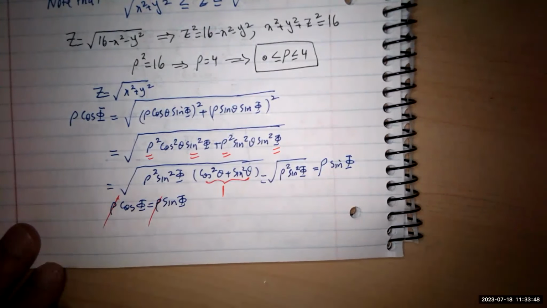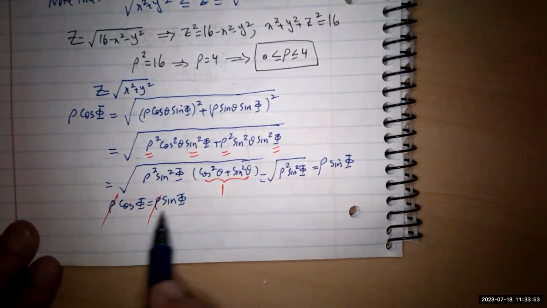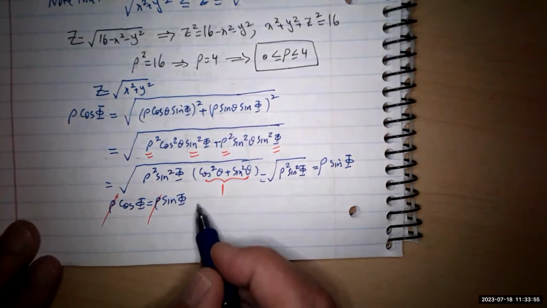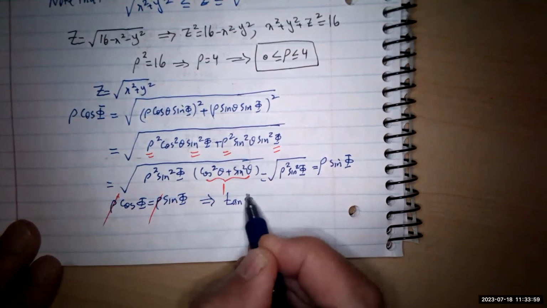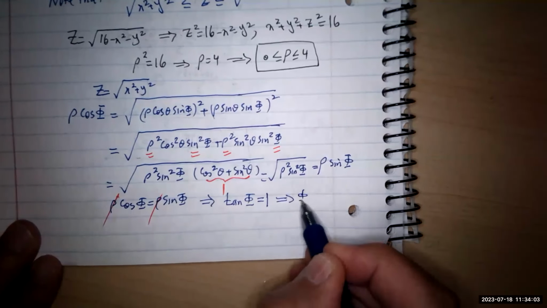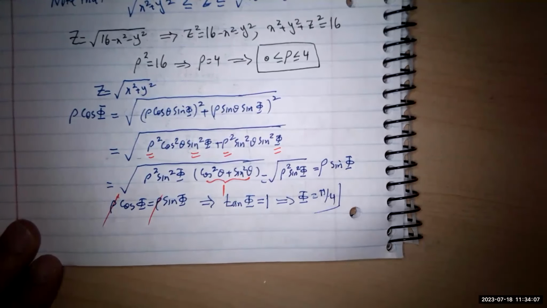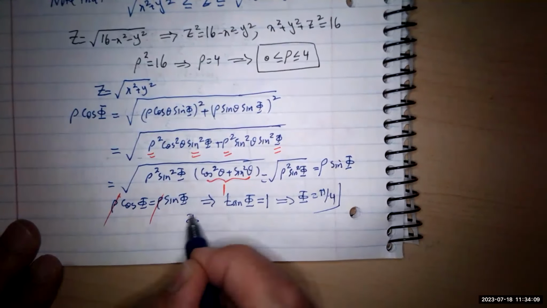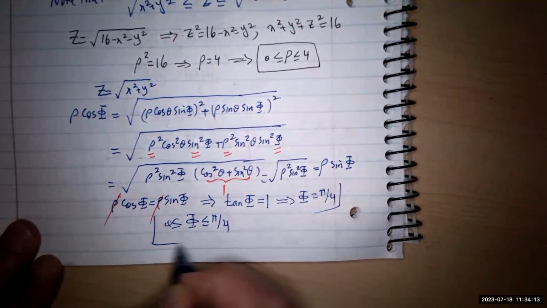You want an angle in which the sine and the cosine are the same. You can divide by the cosine of phi, so that gives you tangent of phi equal to 1. And that angle is pi over 4, 45 degrees. So this means your phi is going to be between 0 and pi over 4.